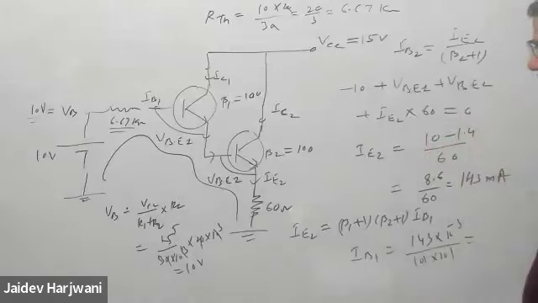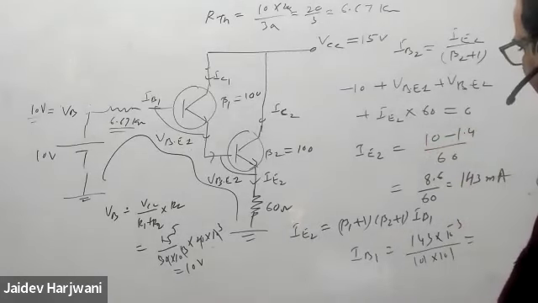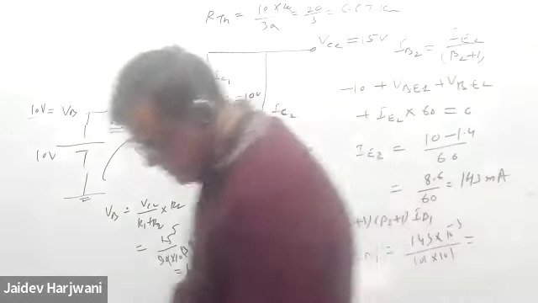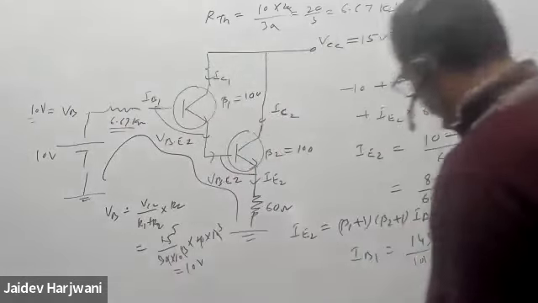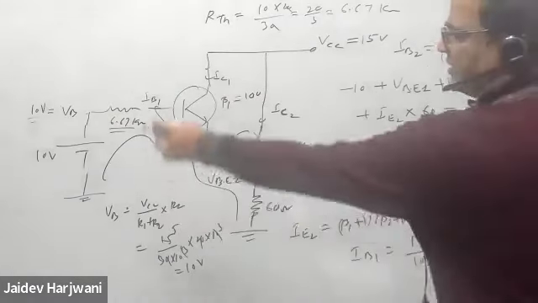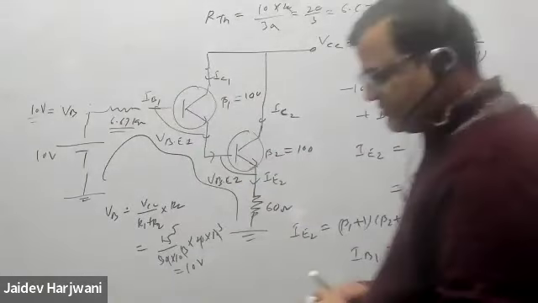So it's not changed much. How much is coming IB1 now? 14.3 microampere. So you can do one time this way also. You'll see it will not change much.